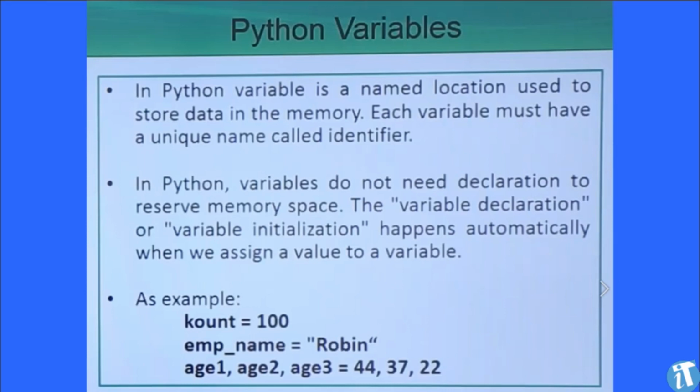So in this way multiple variables can be initialized and declared in the same statement. There is no need to put a semicolon at the end of a Python statement. So that's why no semicolon is there. This is a way to define and also to initialize variables.